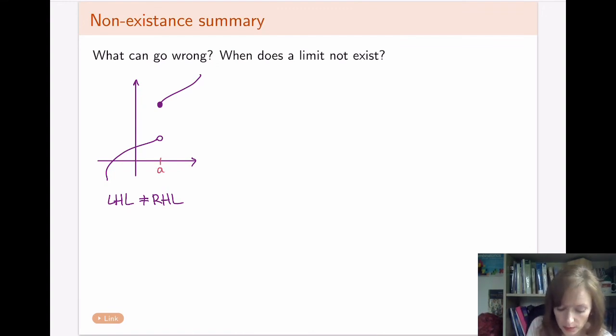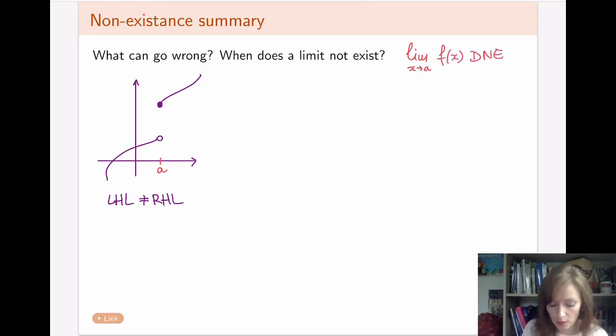Let's call this point A. So the limit as x approaches A of some function does not exist, right? And we're describing those cases. This we also sometimes call a finite jump because that's what your function does. It jumps from one point to the next immediately.